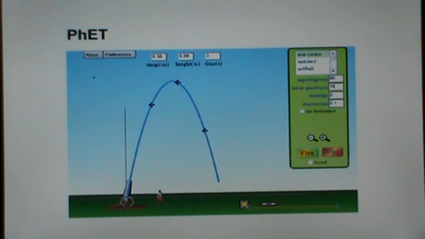The second website that I really recommend you to check is PHET, and you can play around with the parabolic motion in this website. This is very nice, and you can just go and check this simulation.